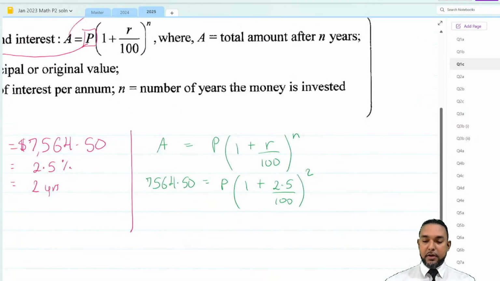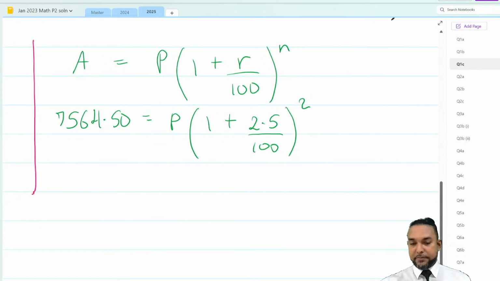Right, so what you could do here now is you could try and simplify. I'll give you a minute or two to see if you can simplify.